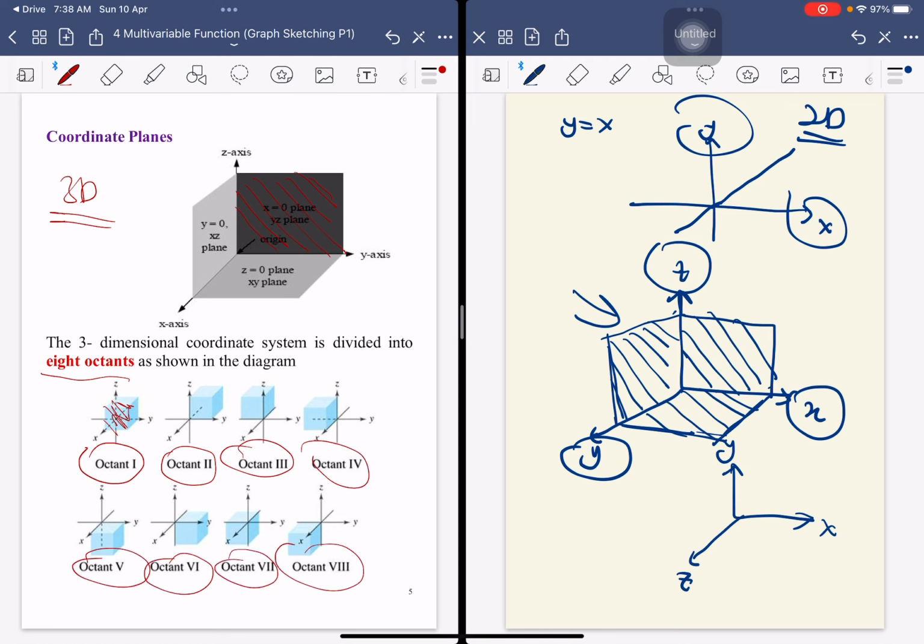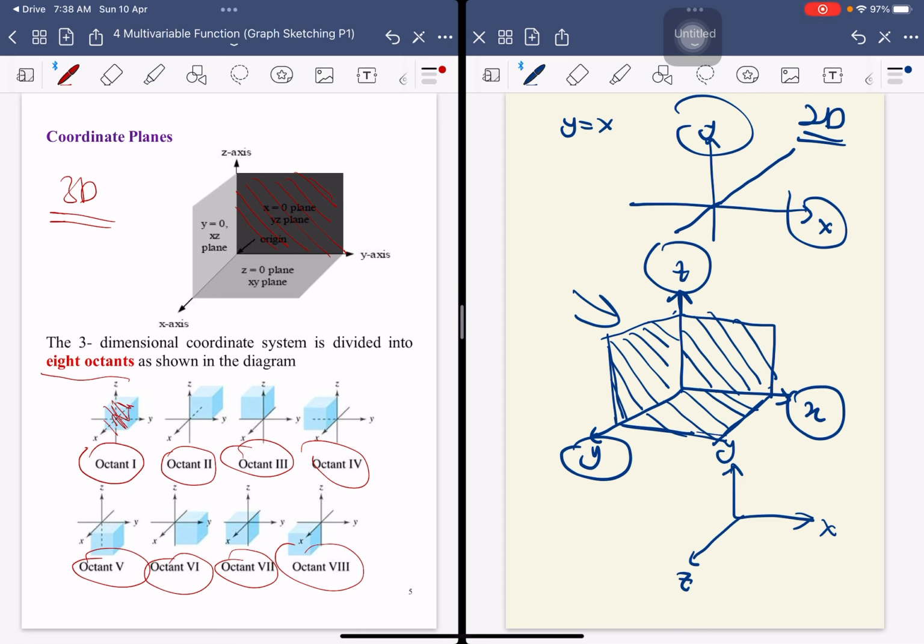Okay, so for the octant, normally when we ask you to sketch, for example, if we give you a specific direction saying in the first octant or second octant, it's very rare cases, but you should know in which octant the point is.